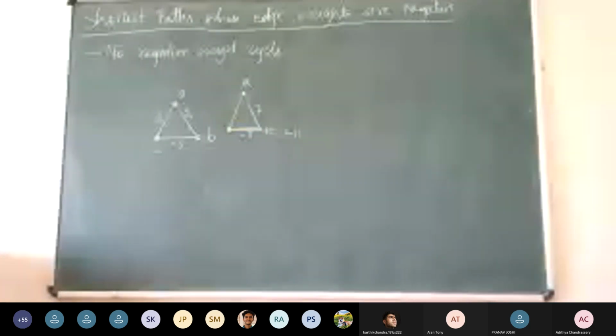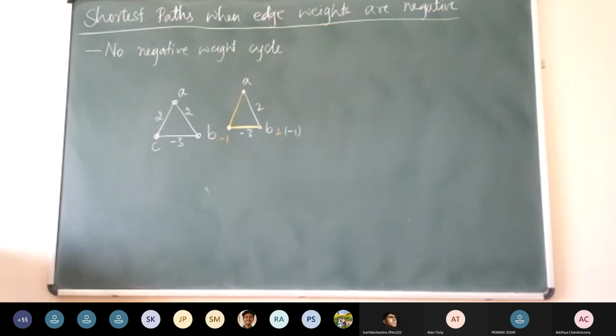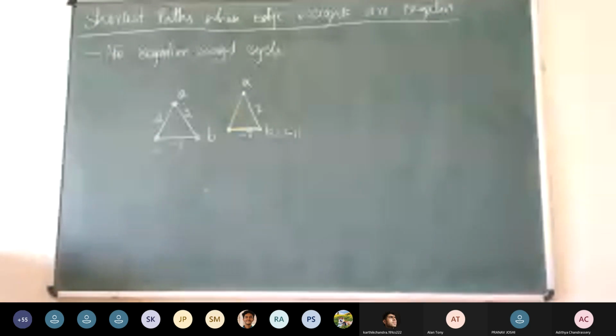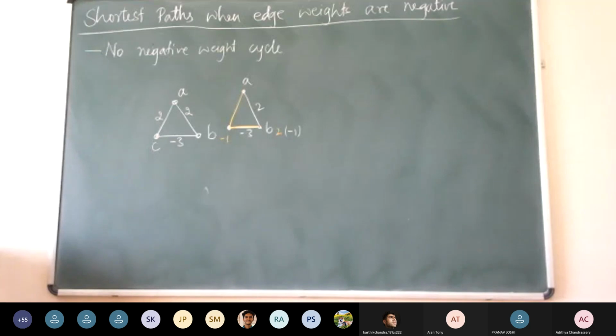We will not be able to update using Dijkstra's algorithm. So this is one reason. Also notice that the shortest path doesn't necessarily go through the vertex that is nearest to the source.